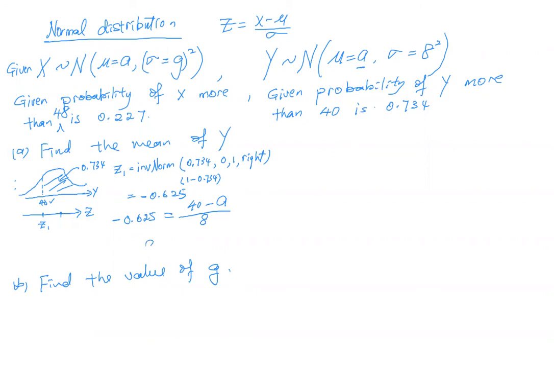So you get the mean. Calculate: 40 plus 0.625 times 8. So the answer is 45. So for G, then you have to use X. Now you know the mean is 45.